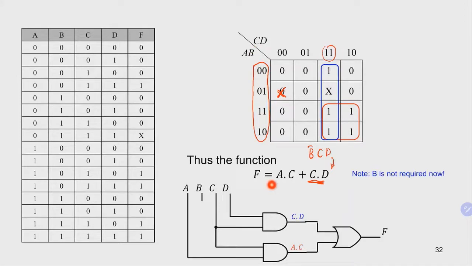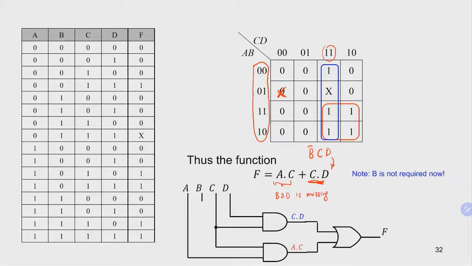But in this function, each of the product terms only has 2 variables. You have A, C, so in this term, B and D are missing. So this is not in canonical form.